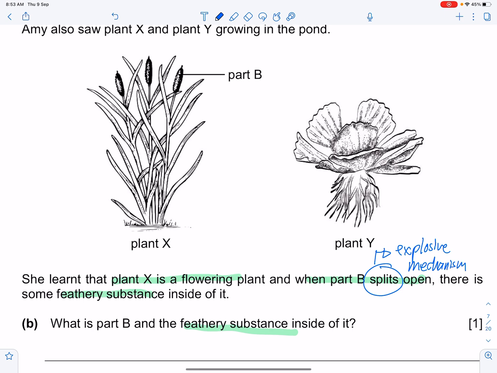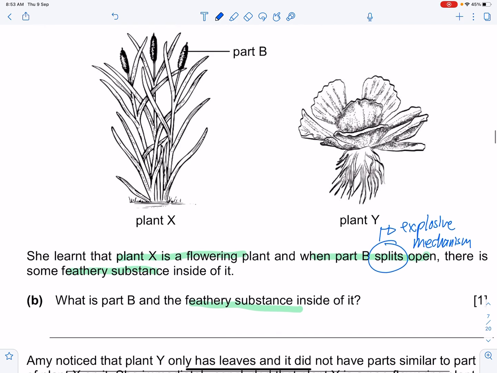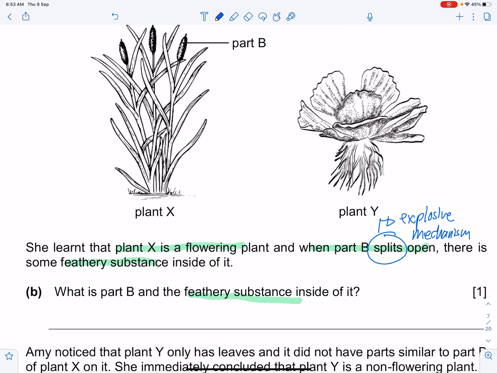This is where you came across this word split. So when the pod, when the fruit pod splits through explosive action, the seeds will be dispersed. So that means part B must be a fruit, and then after that, what is inside it? The seeds. The feathery substance must be the seed.